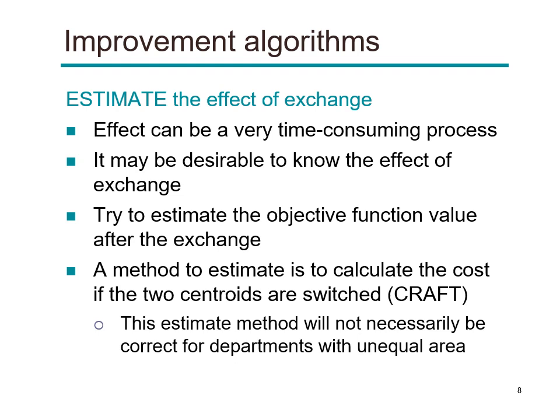So one method that the CRAFT algorithm uses for this estimation is to assume that the centroids of the departments are not changed after the switch operation. But in fact, if the departmental sizes are different, then the centroids would definitely change.